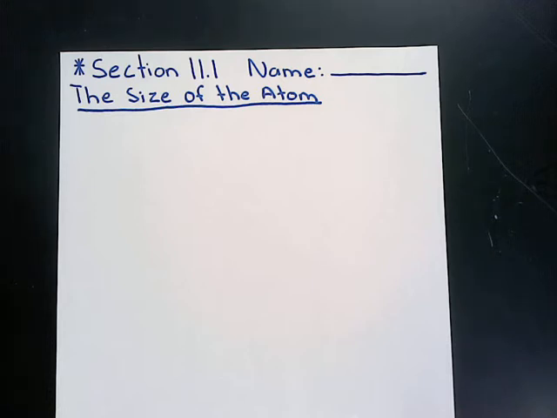So let's go ahead. We're actually going to get back into a little bit of review about the atom, and we're going to talk about the size of the atom. So remember, individual atoms, molecules, which are covalent compounds, or what we call formula units, which are ionic compounds, are really, really small.